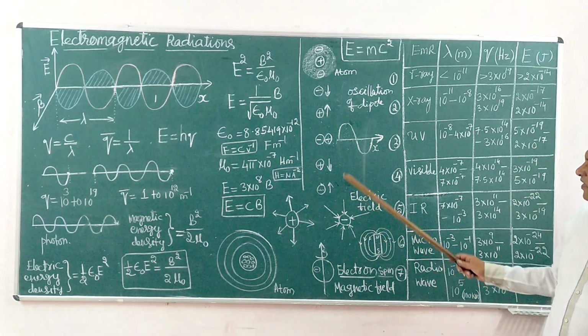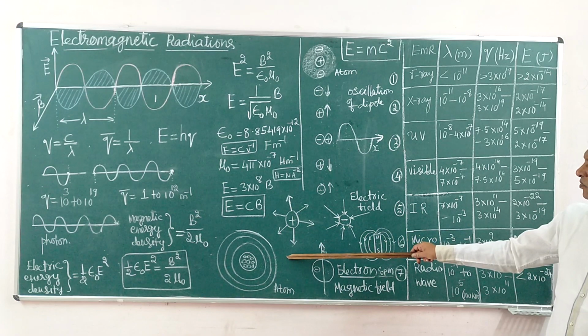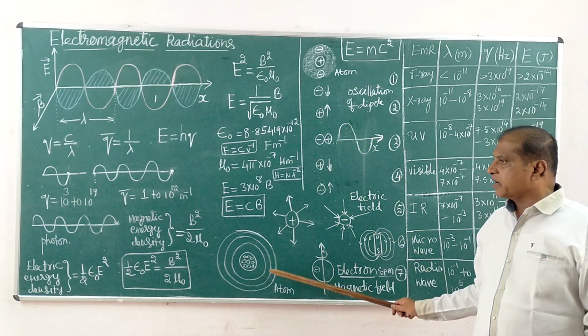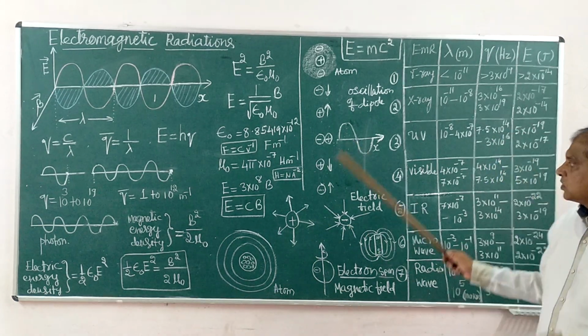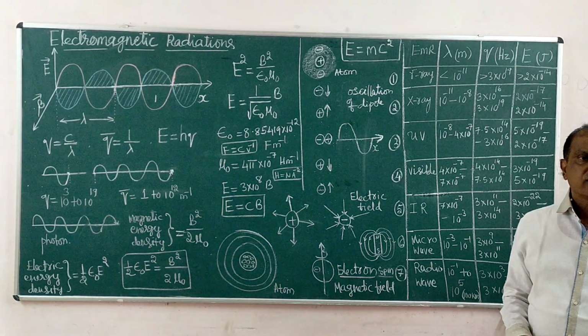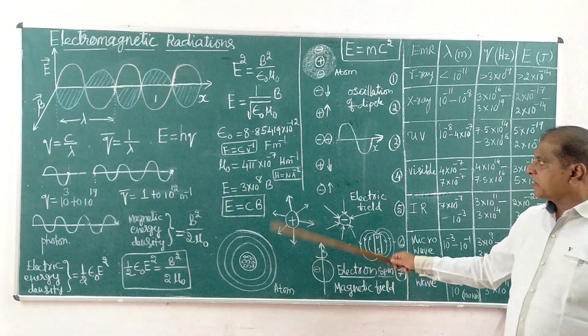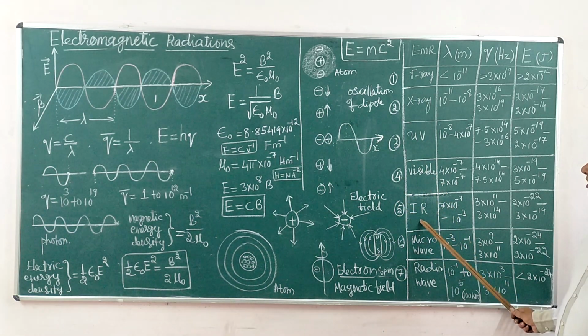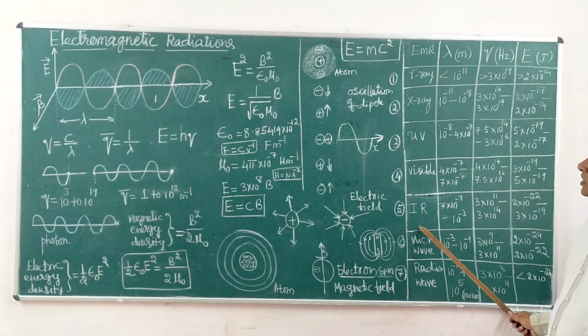It is generated by the effect of electric current. Not only by electric current, it is also generated by the effect of heat, thermal energy. It is possible by applying IR radiations, that is thermal energy, heat radiation, to the material.